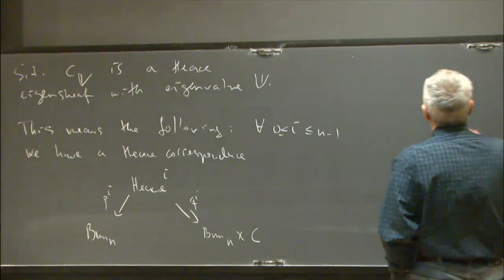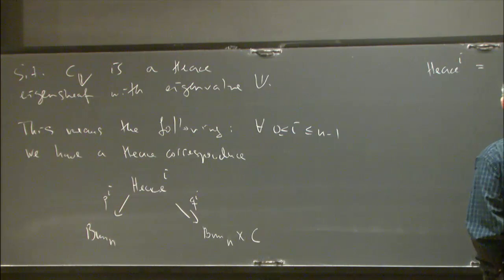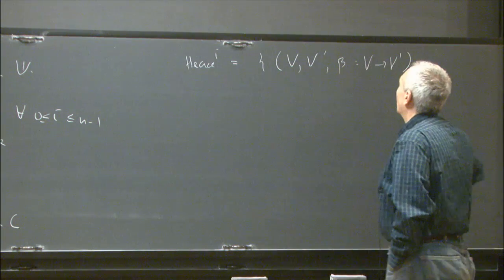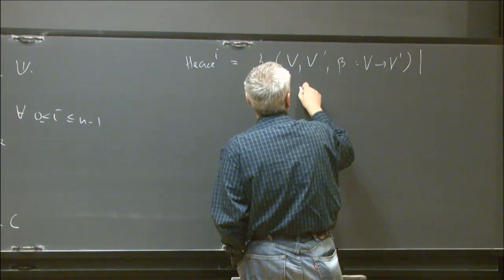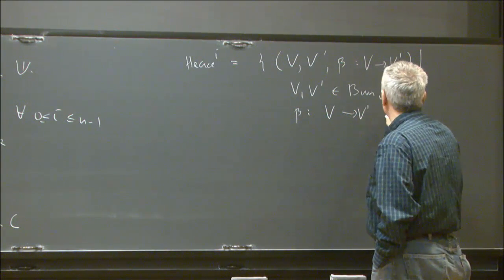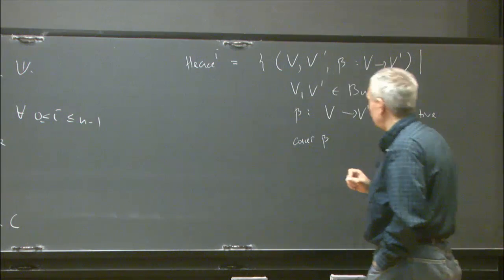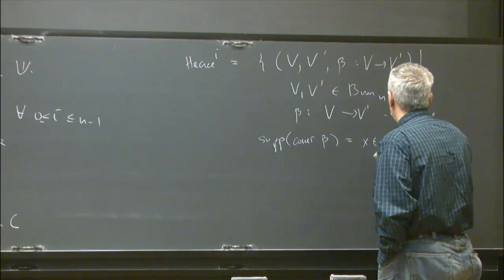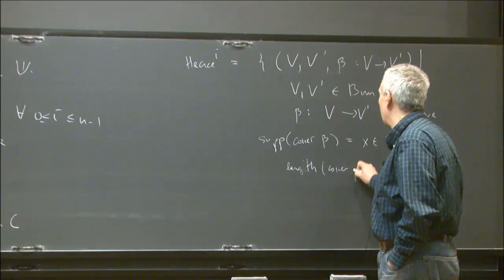And this Hecke guy is really the moduli of triples V, V prime, and a map beta from V to V prime, with the property that V and V prime are rank n bundles, beta is an injective map of locally free sheaves, and the co-kernel of beta is a sheaf supported on a single point, and it has length i.